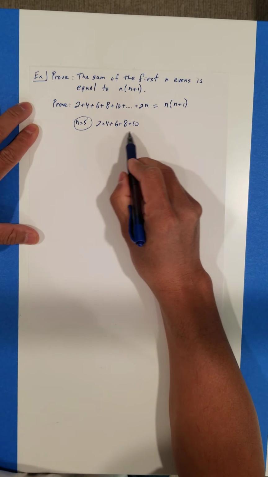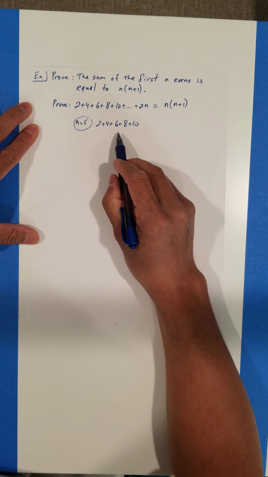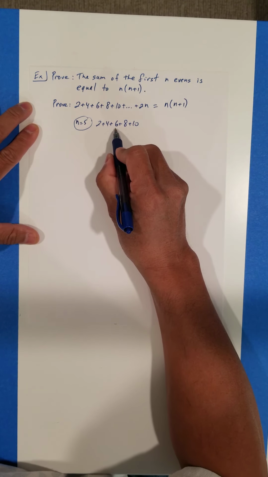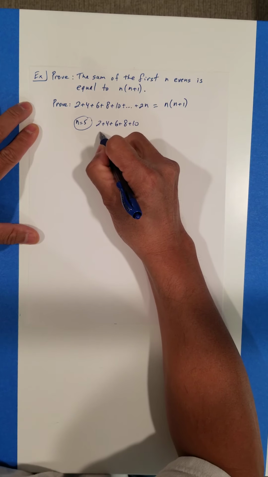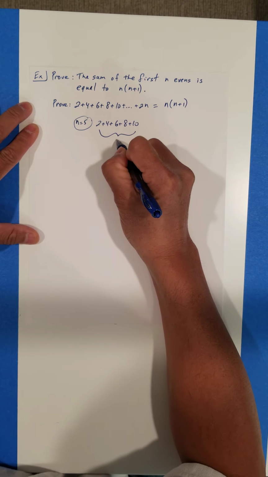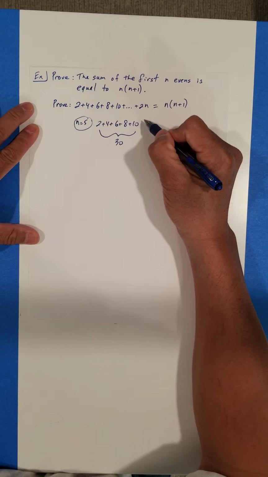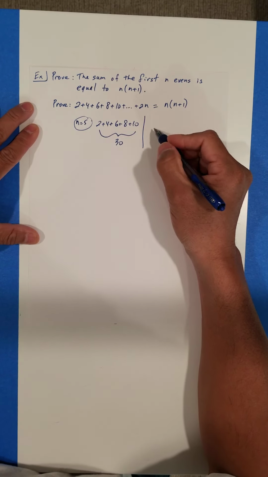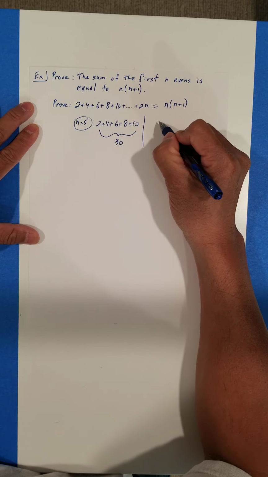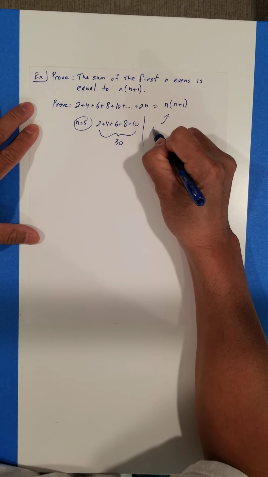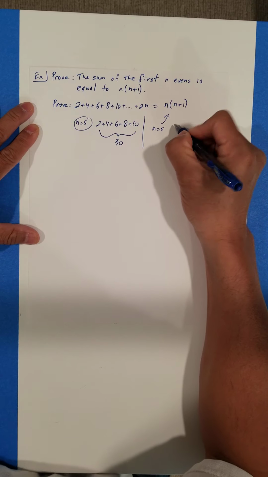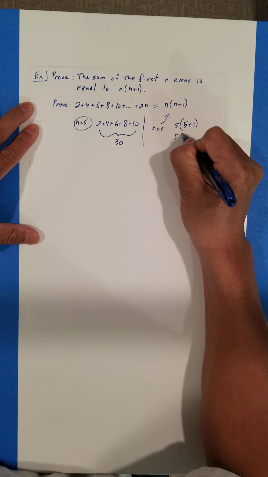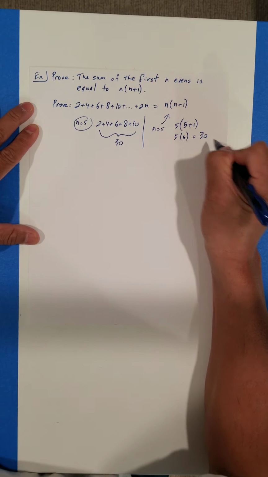When I add these up, I get 30. So I can manually add it and get 30. Or a faster route would be to put n equals 5 into the right-hand side: 5 times (5 plus 1), so 5 times 6 is 30.